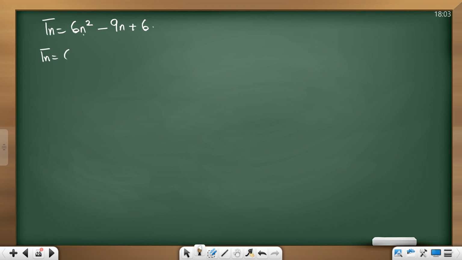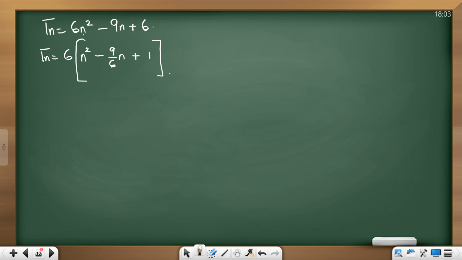The 6 can be taken out. What would I have left? n squared minus 9 over 6n, taking out what is common. Somebody is now confused with the 9 over 6. Because 6 is not a factor of 9, I am allowed to write it as 9 over 6.